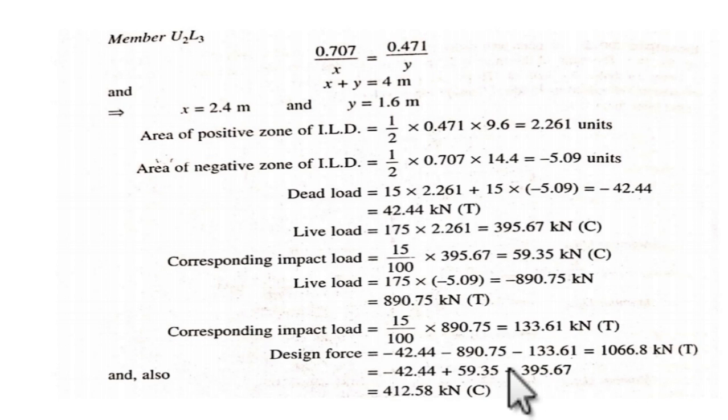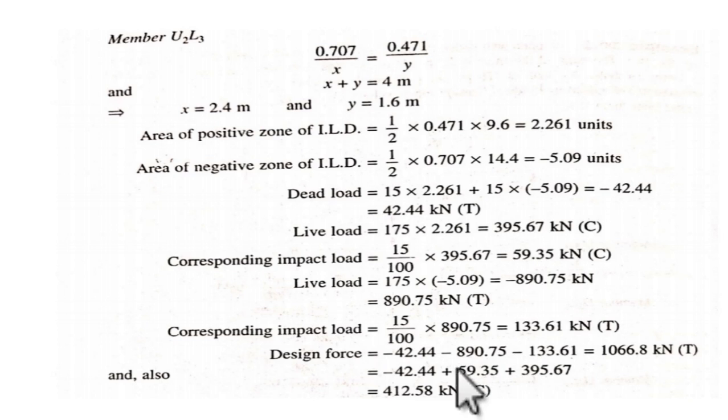Now you find the compressive force. The dead load is this much, minus 42.44. For the live load you have two components; this value you have to take, 95.67, which is compressive. The impact is also compressive, so you take this 159.35.